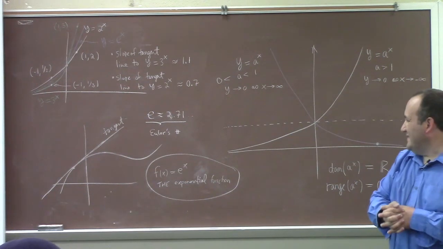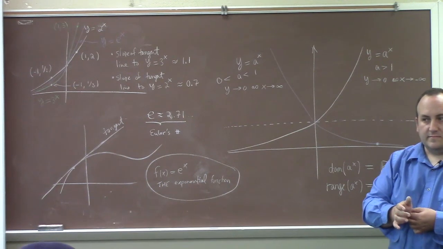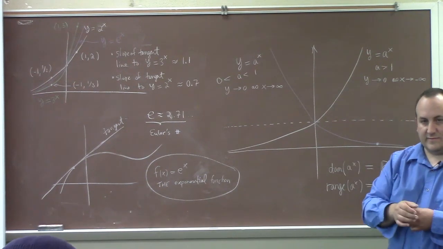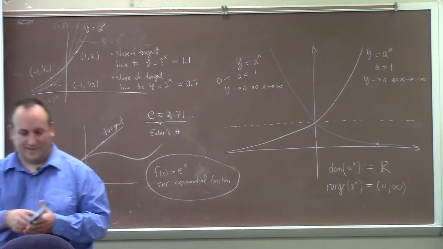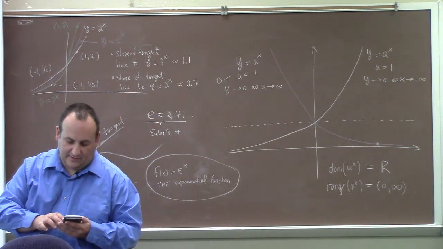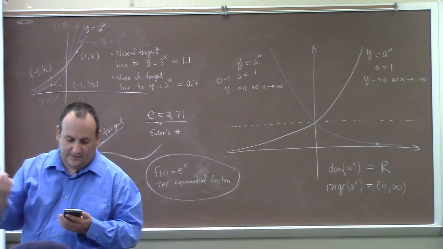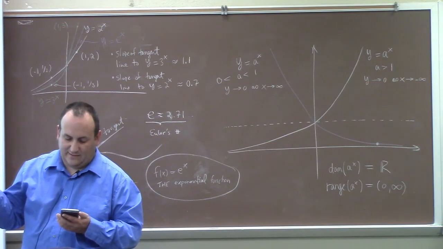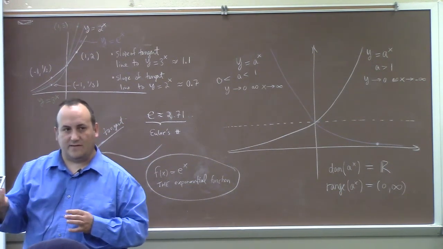And this e is not a rational number. It's actually got an unending decimal. If you want to know what it is exactly, you can get it approximately on the computer anyway. If you take your calculator, go e for exponential, put a 1 in there, I get 2.718281828. That's as many digits as I got on this calculator here.